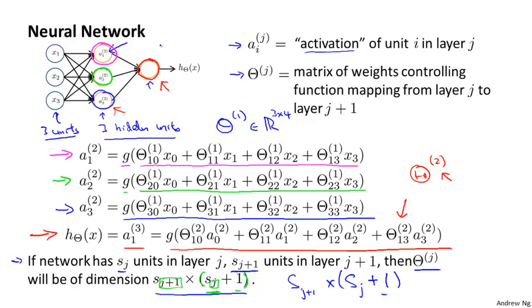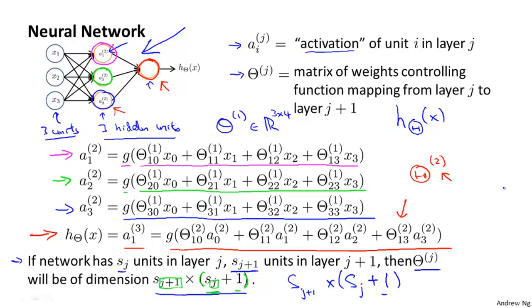To summarize, what we've done is show how a picture like this defines an artificial neural network which defines a function h that maps from x's input values to hopefully some space of predictions y. And these hypotheses are parameterized by parameters that I'm denoting with capital theta, so that as we vary theta, we get different hypotheses, so we get different functions mapping, say, from x to y.